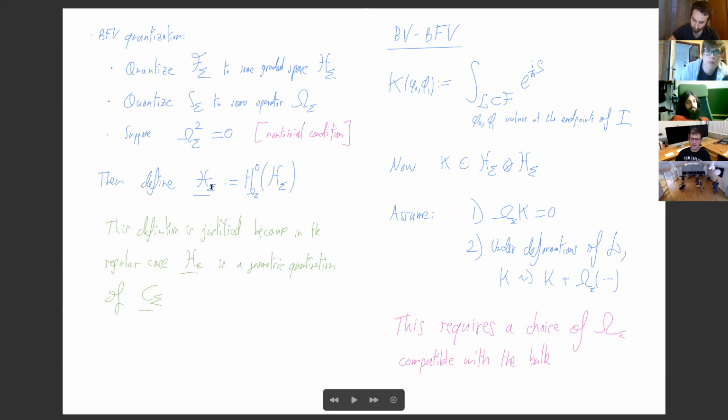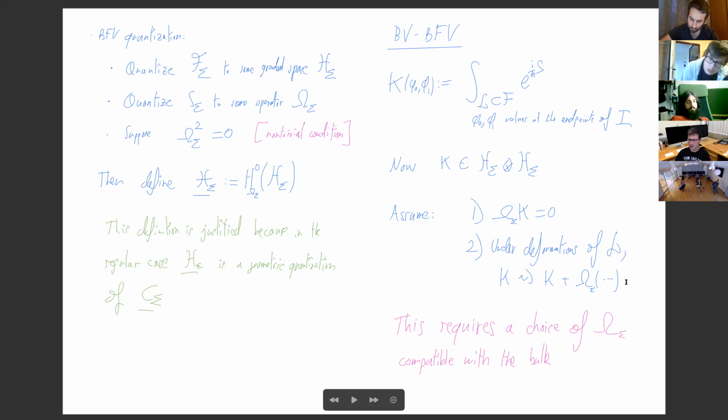So the important point here is that you want this integral kernel K to be killed by omega sigma. Okay, so this is important. And moreover, you want to be sure that when you deform the Lagrangian submanifold that defines the gauge fixing, the BV formalism ensures that this K changes by an exact term. Okay?